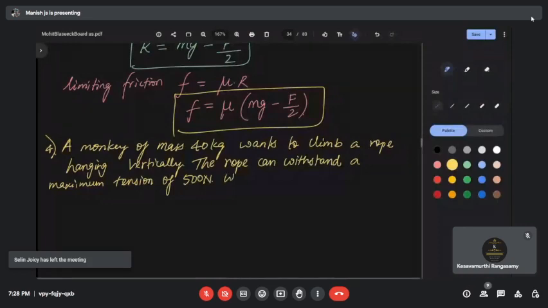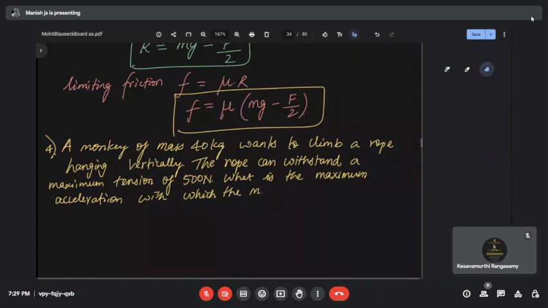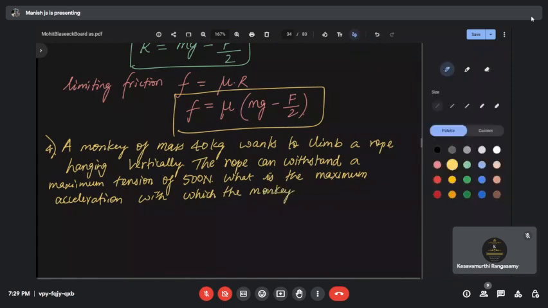What is the maximum acceleration with which the monkey can climb the rope? Take g as 10 meters per second square.